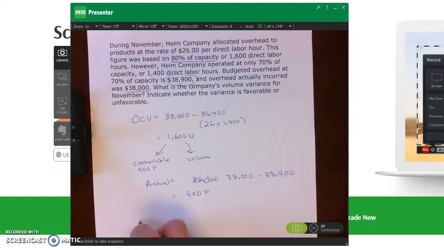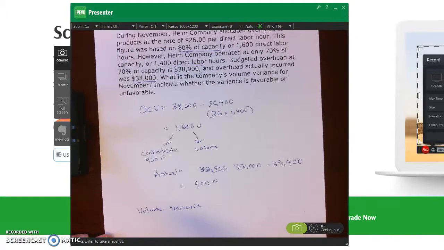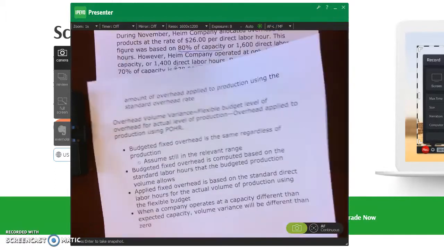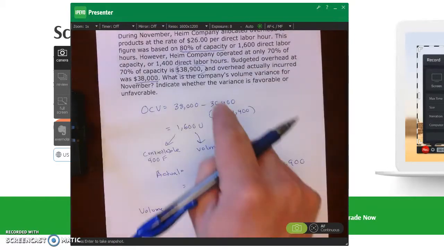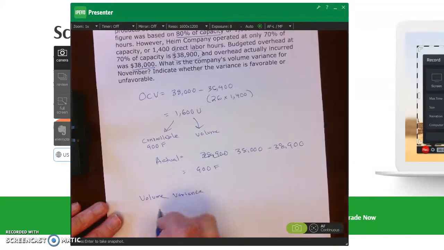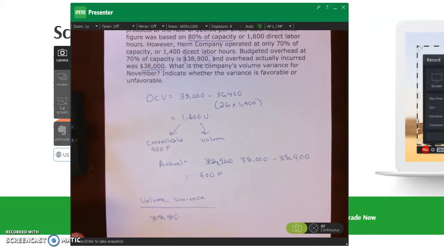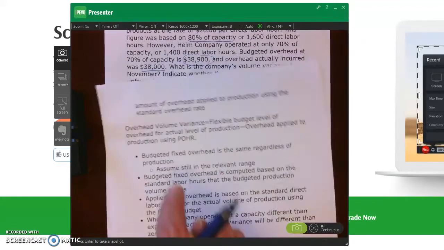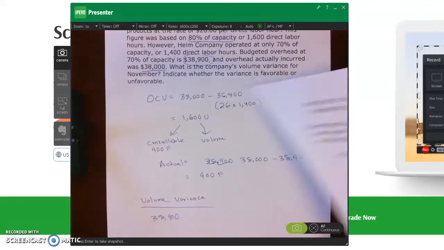Okay, so we calculate our volume variance. Our flexible budget level of overhead for the actual level of production is given to us right over here at 38,900.